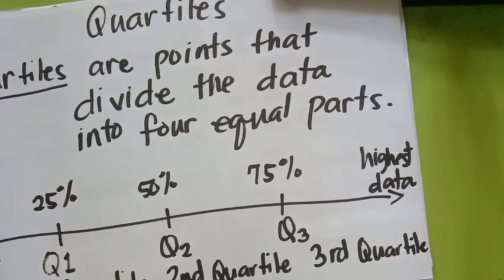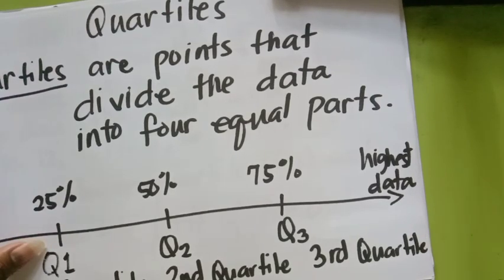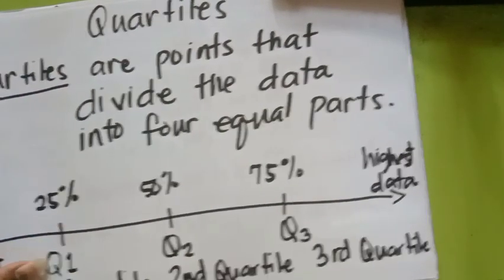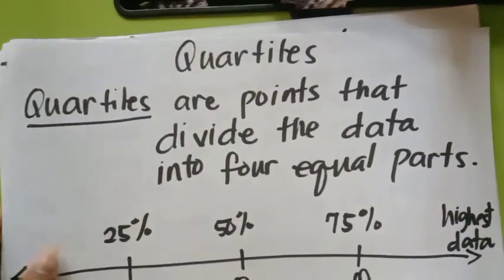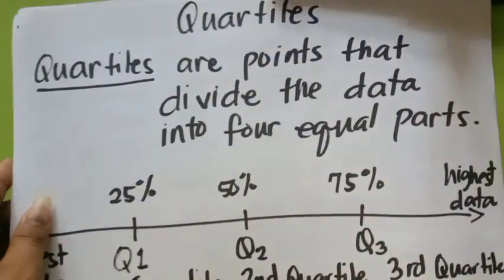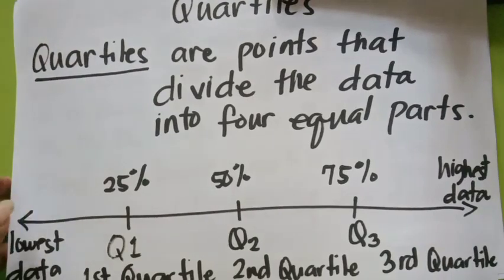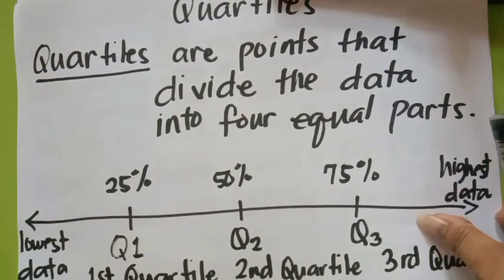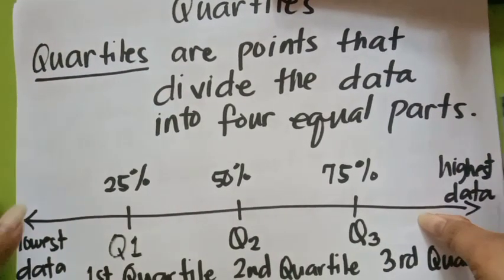It is also called the upper quartile. For this particular video, hindi muna tayo mag-i-interpret ng result. Sa susunod na video ko na ituturo sa inyo how to interpret the result. Ang gagawin muna natin is how to find the quartiles of the distribution, yung Q1, Q2, and Q3.